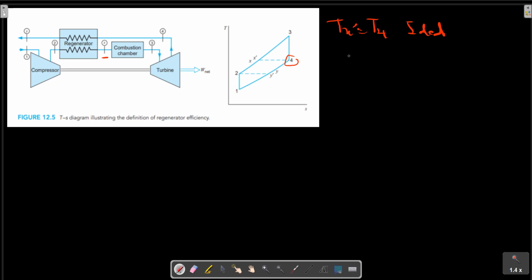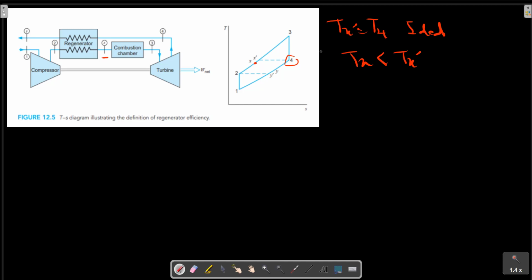In an actual regenerator, which must operate with a finite temperature difference, the actual temperature leaving the regenerator is therefore less than Tx prime. Tx, for example, is here.